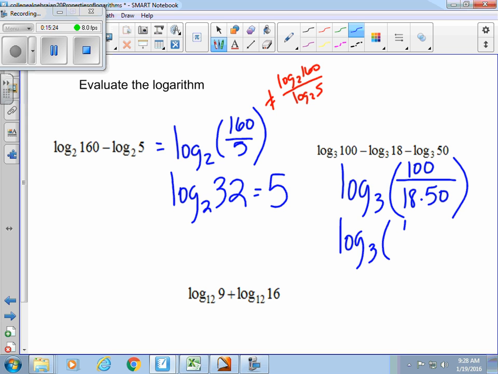And again, I am not taking your calculator, even though I'm kind of doing some things on a calculator up here to practice properties of logarithms. You don't have to do that without a calculator. 3 to what power is 1/9? Would you agree -2? And when you're adding, what do you do? Multiply.